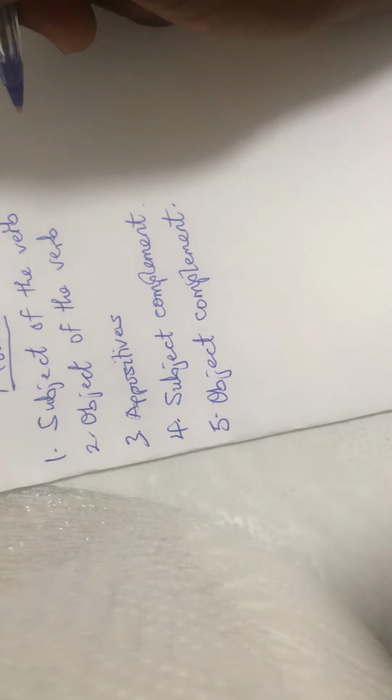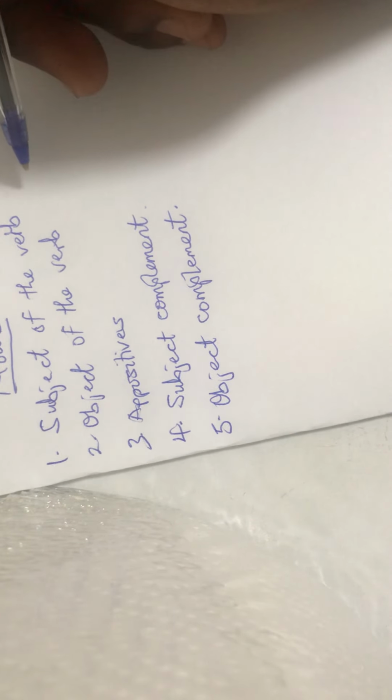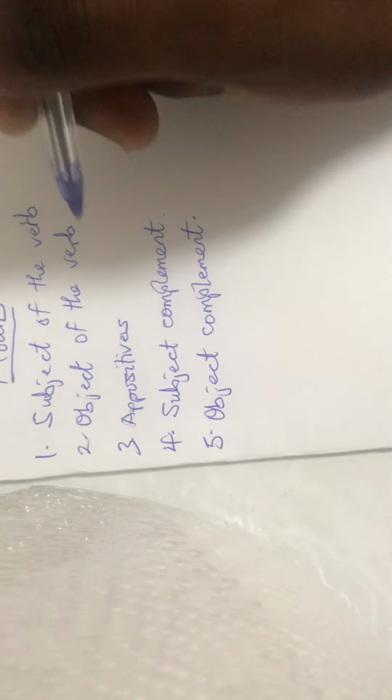These are the ways, and what we are very familiar with is seeing nouns as subjects and objects of the verb.